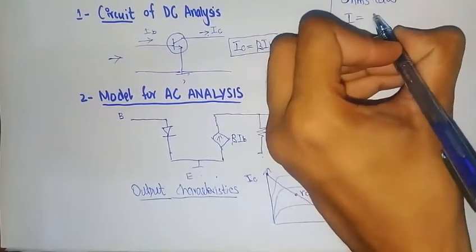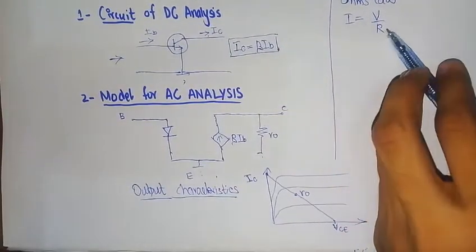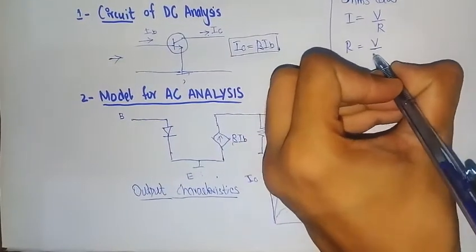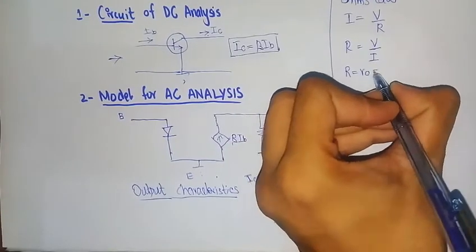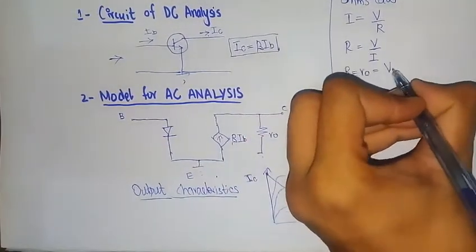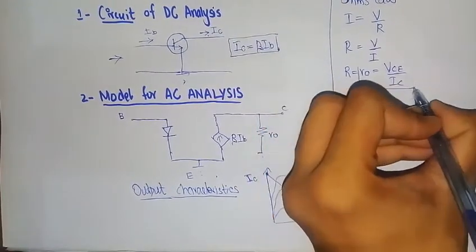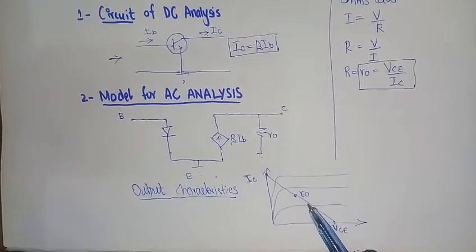I equals V over R, and from V equals IR, the resistance comes from R equals V over I. Over here the resistance R will be R naught, V will be VCE, and the current will be IC. So R naught will come from VCE over IC. So it comes from the output characteristics of the common emitter configuration.